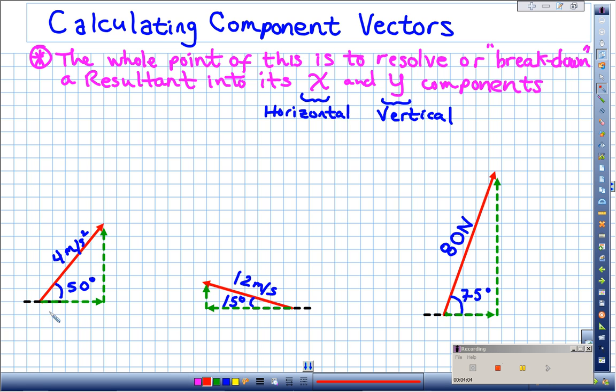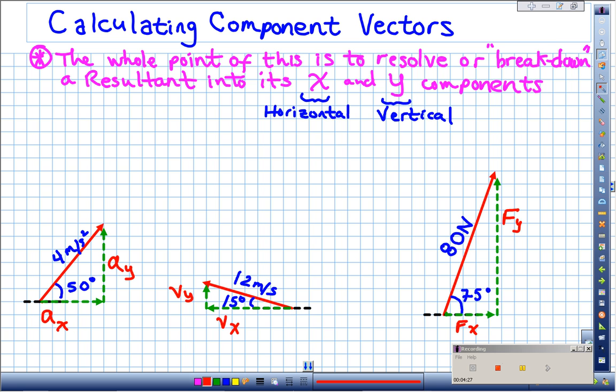So this will be the acceleration in the x direction, and this will be the acceleration in the y. This will be the velocity in the x direction, and this will be my velocity in the y. And this is my force in the x direction, and this will be my force in the y.